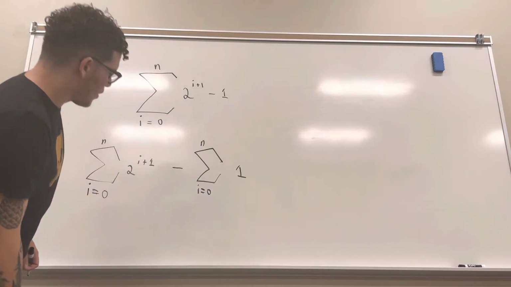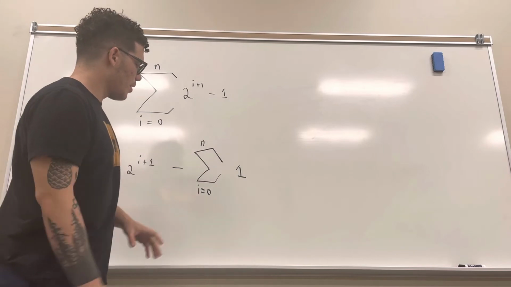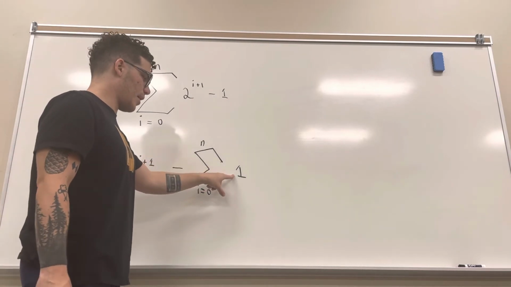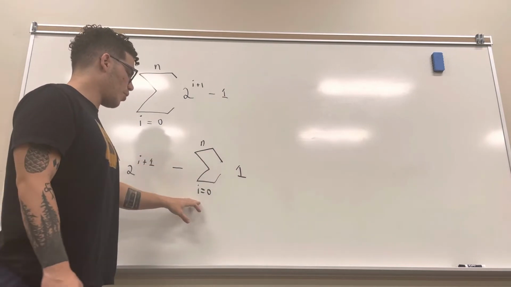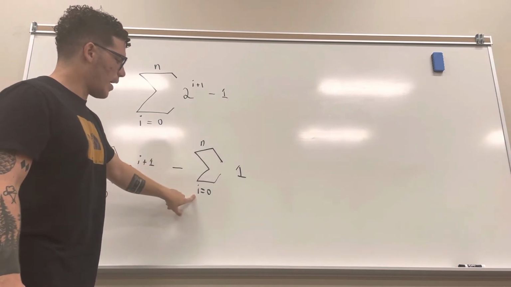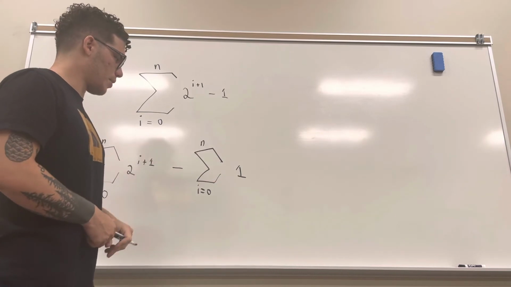And really with this, we just have to remember there's a specific rule for whenever you have a summation with a 1 on the inside of it. Whenever you have just a 1 on the inside with no variable, it's b minus a plus 1 that is the closed form of that summation.